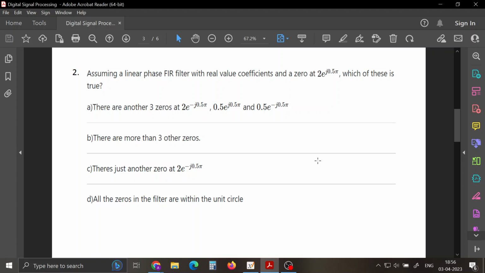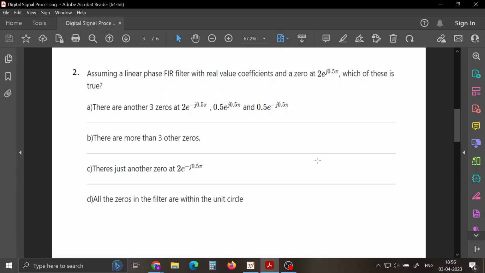And now additionally, because of linear phase, as we saw in the lectures, in the videos, we also have another 0 at the inverse of z0 as well as the inverse of z0 star.